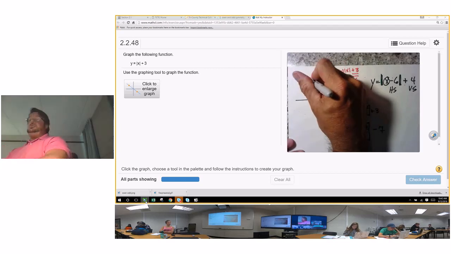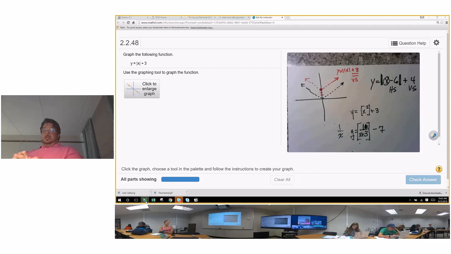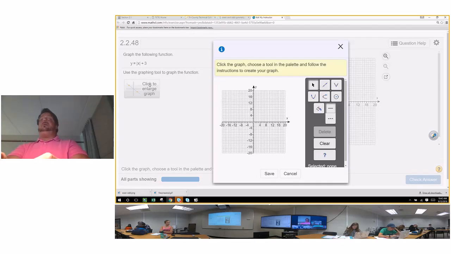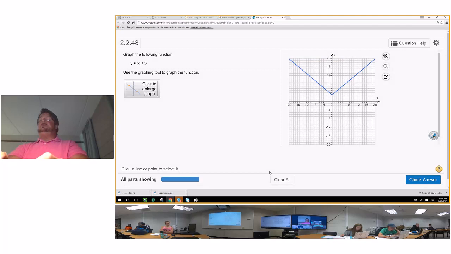And that's what it should look like. So how do you draw that? Well, you click enlarge, and then it's going to ask you to draw absolute value, and then you're going to put the vertex at 3, and then you're just going to draw a regular 1-to-1, and then hit save, and then feel good about yourself.